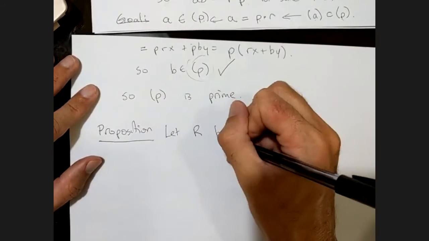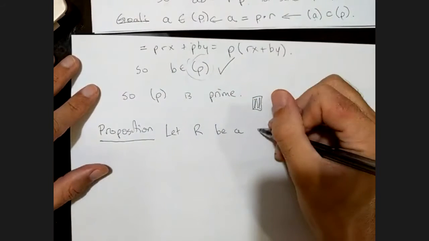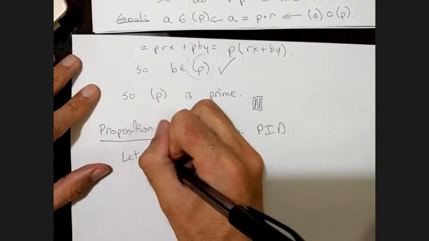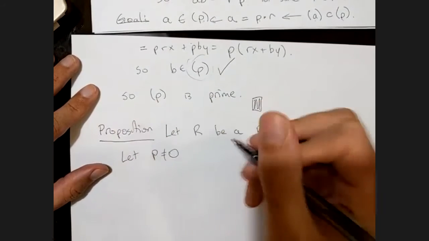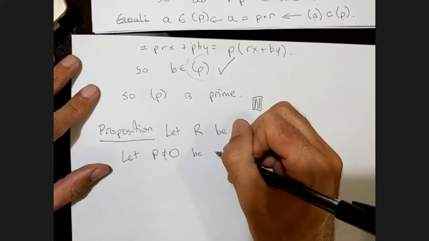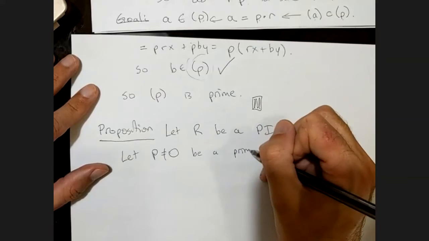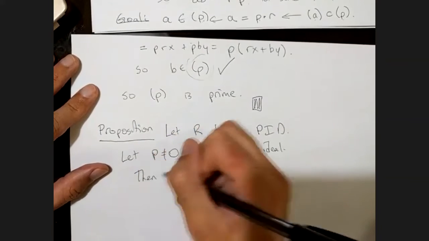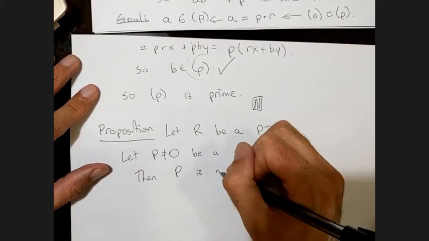Let R be a PID. Let P be a non-zero prime ideal. Then P is maximal.